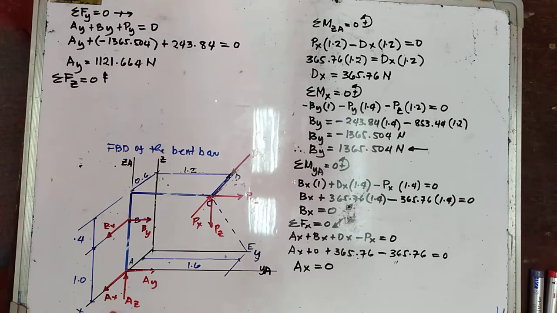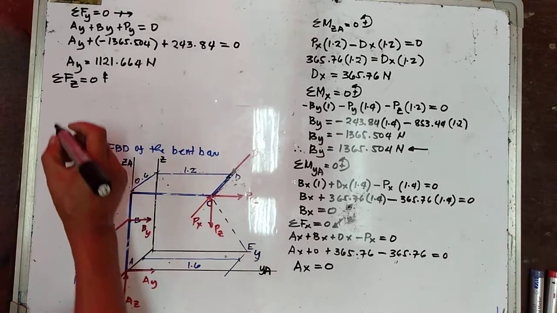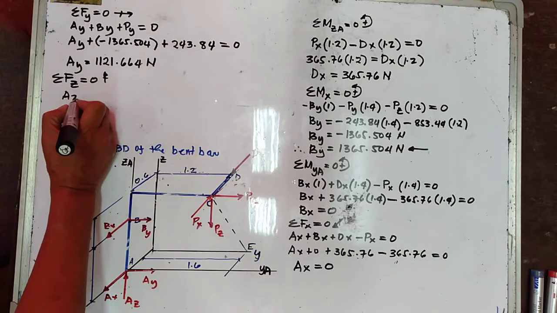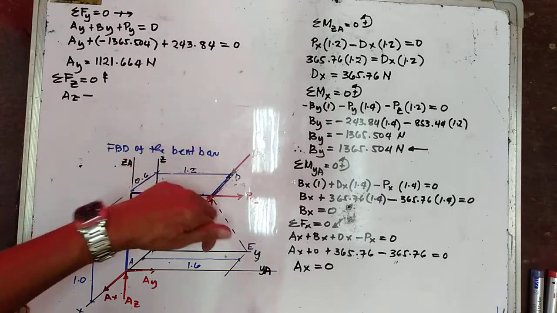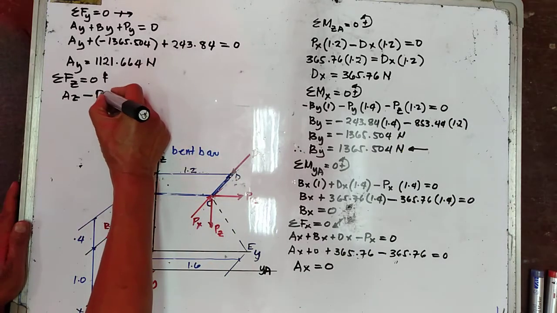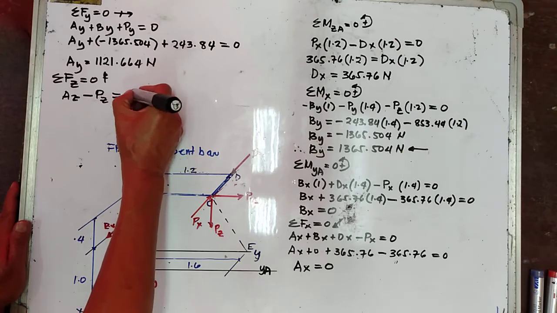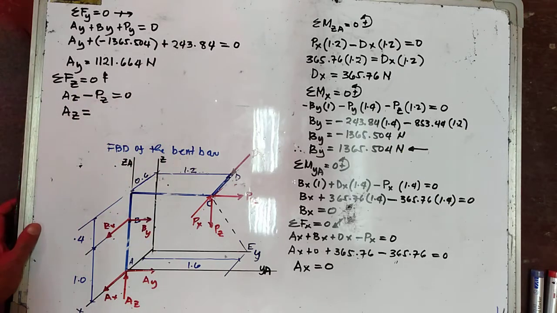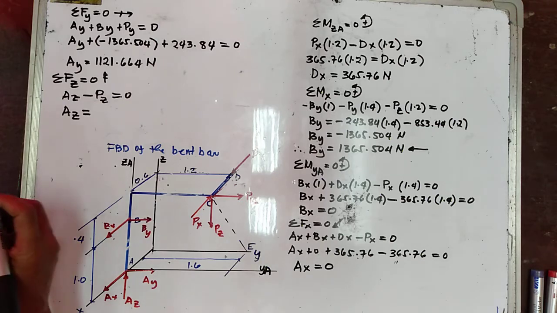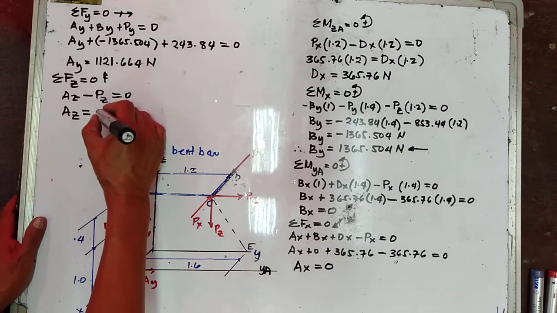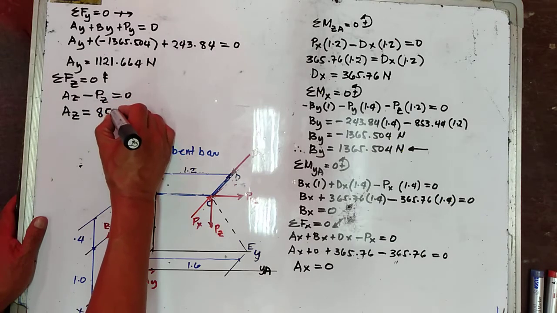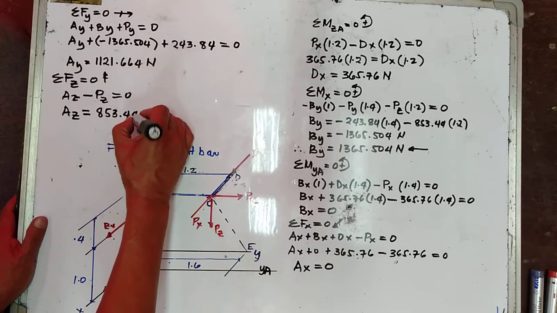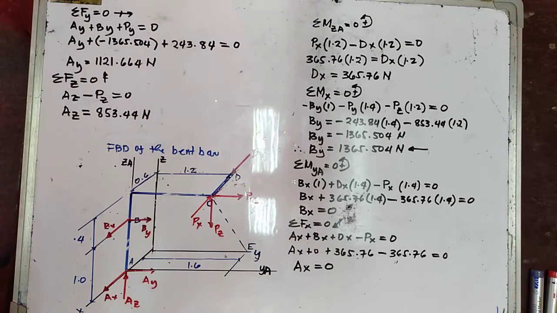So we have AZ minus PZ is equal to 0. So your AZ in here is equal to PZ, and the value of PZ is 853.44 newtons. So those are the forces acting on the bent rod.